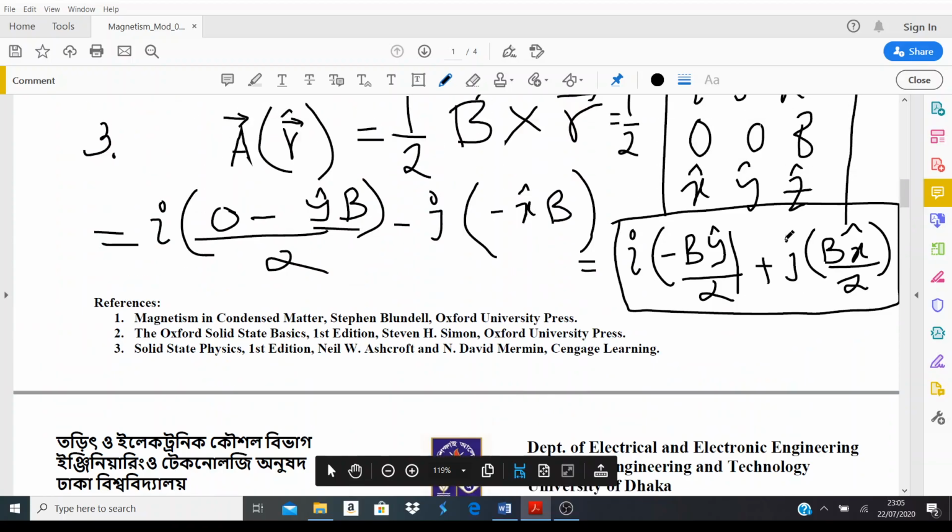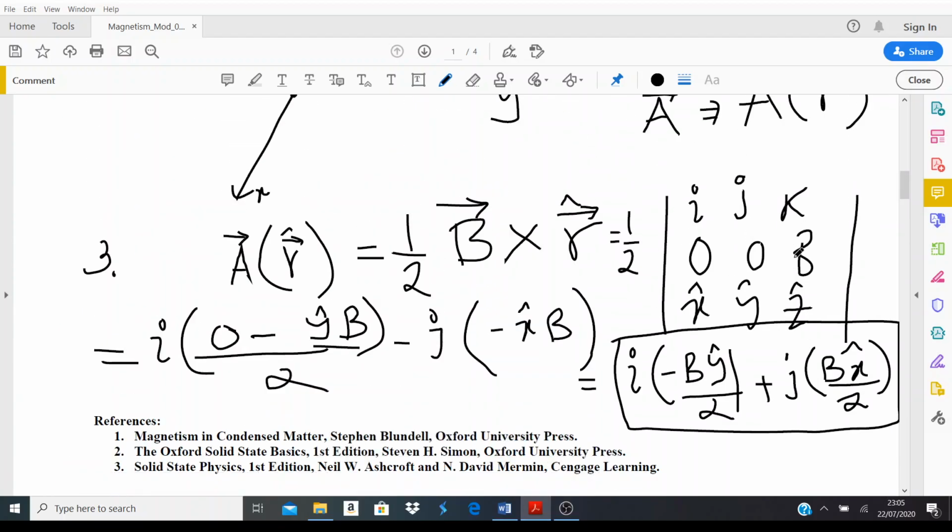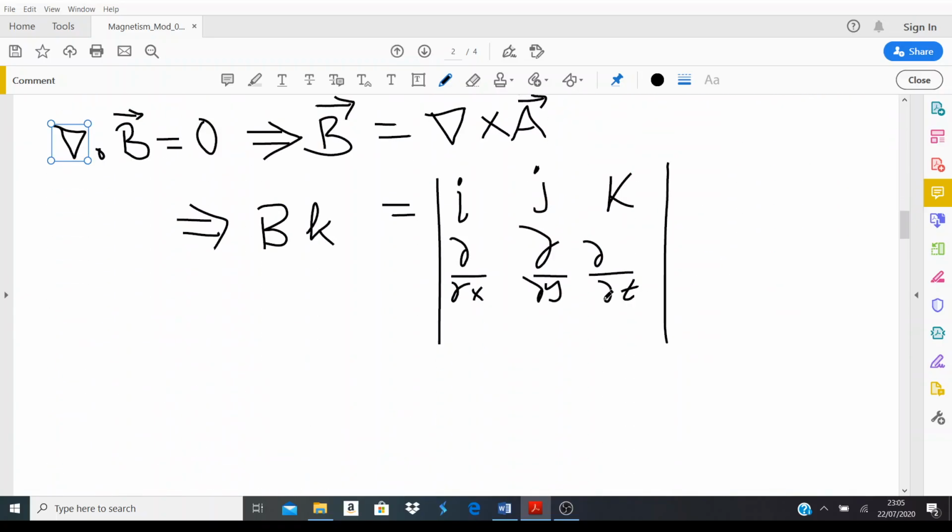We don't have any k component, because you can see when you evaluate the k, it's 0 times y minus x times 0, so it's 0, right? So let me put it here: minus by/2 and bx/2, all of them are operators, and also 0 here, right? Because there is no z component of the vector potential.